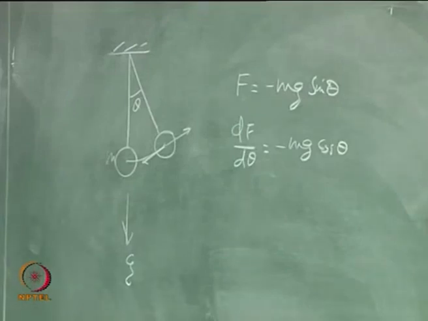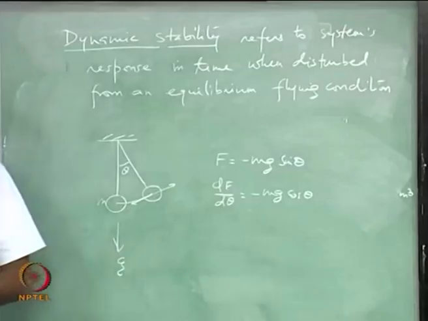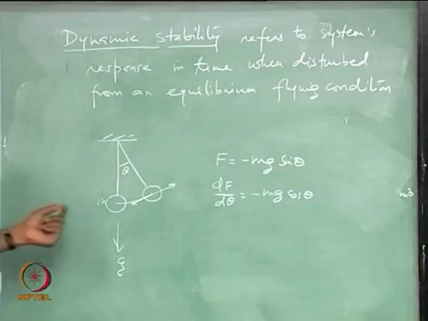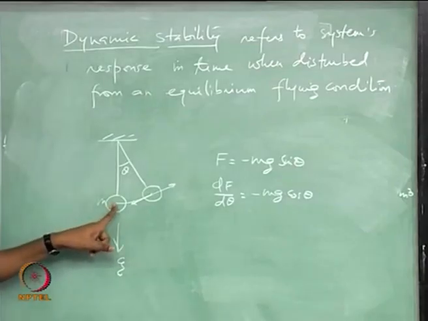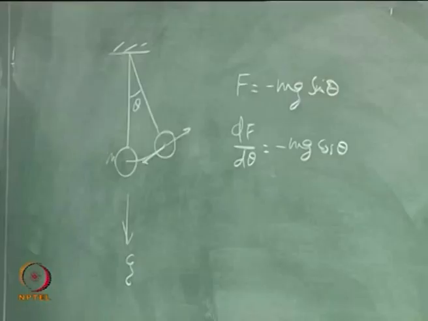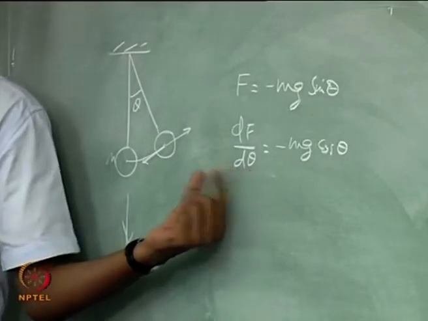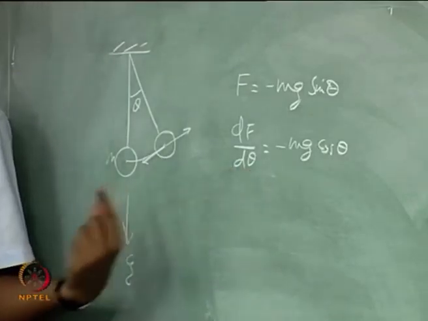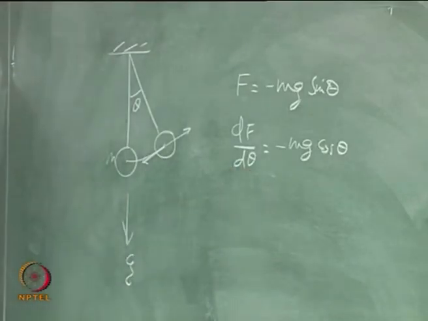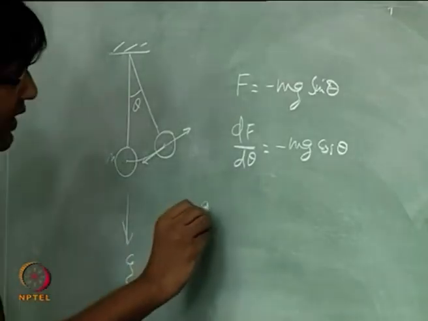So whenever we talk about stability, we are talking about stability about an equilibrium point, right. So my one equilibrium point is theta equal to 0, that is the position of rest, right. So I want to find out what is happening to this derivative at that position of rest, right.